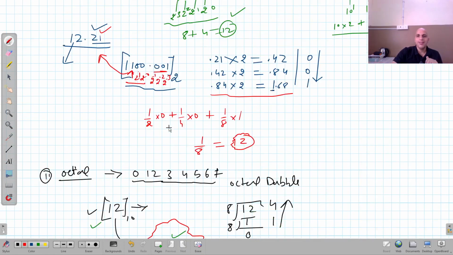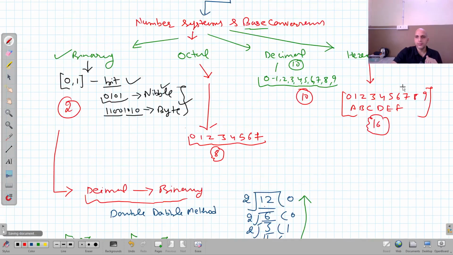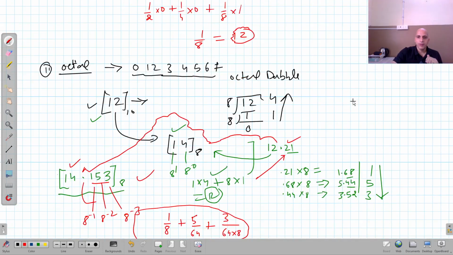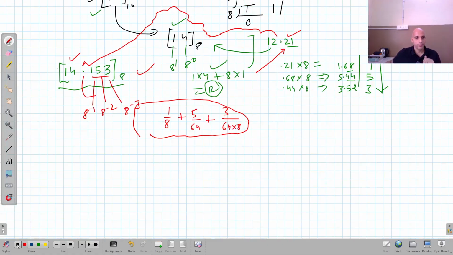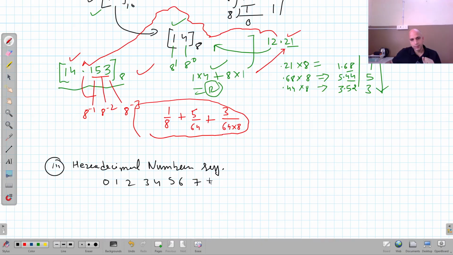Now I am going for hexadecimal, right? Hexadecimal number to decimal. So in the hexadecimal number system, we know very well we are using 16 symbols: 0, 1, 2, 3, 4, 5, 6, 7, 8, 9, A, B, C, D, E, F, and the base is 16, right?